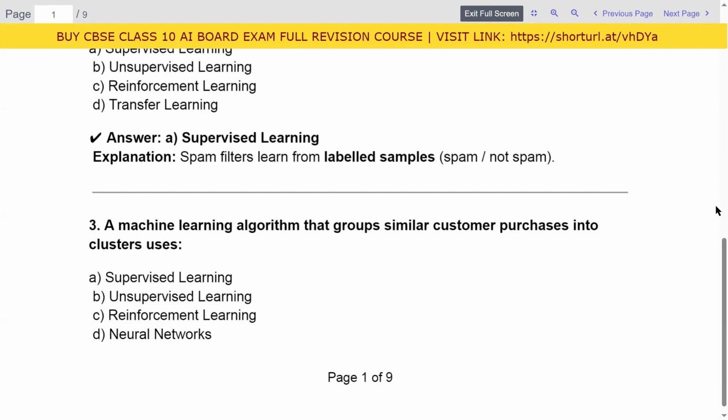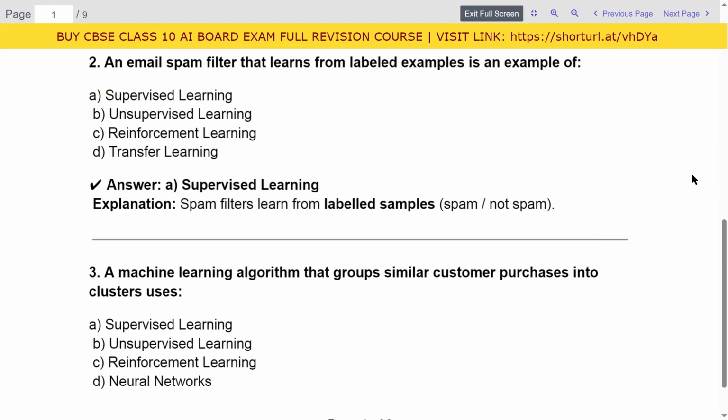A machine learning algorithm groups similar customer purchases into clusters. It uses what? Here you see, we are doing this based on patterns. So obviously, it cannot be supervised learning because here we are not already telling what kind of thing it is, but we are getting information from the pattern arriving from the data.